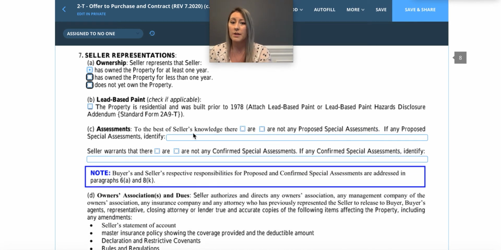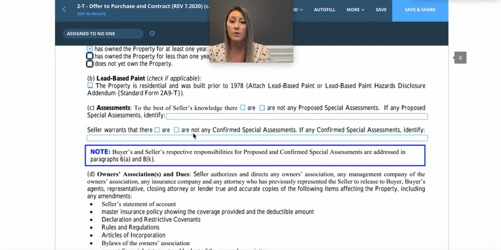Lead-based paint, obviously if the house was built prior to 1978, you will have a lead-based paint addendum attached to this contract. You will know that by, one, looking at the MLS sheet or finding out when the house was built. And this disclosure should also be with the other documents with the mineral oil and gas rights and the property disclosure. We're going to say that this house does not. It was built after.